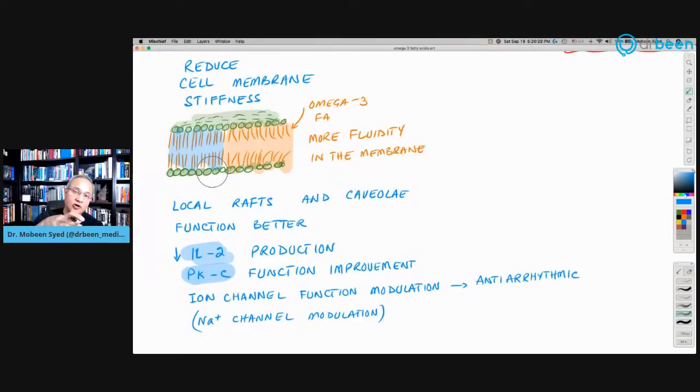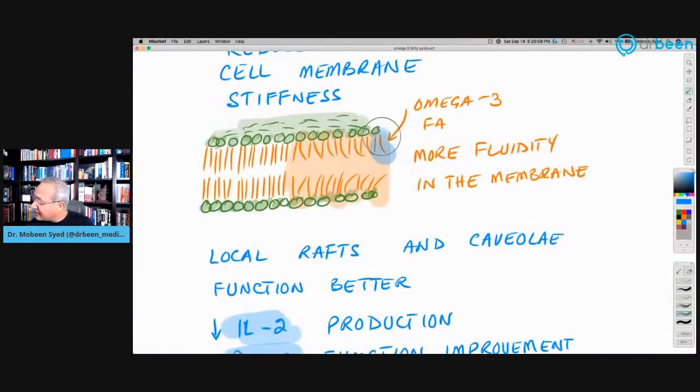These two slices are going to be called phosphates, and the mayonnaise in the middle, or the butter, or whatever else you have in the middle, that will be the lipids or the fats. These fats are usually compressed together and they join together, and that causes reduced stiffness, reduced fluidity of the cell membrane. When we have cholesterol in the cell membrane, or when we have omega-3 like substances, omega-3 have, if you see here, a kink in their structure.